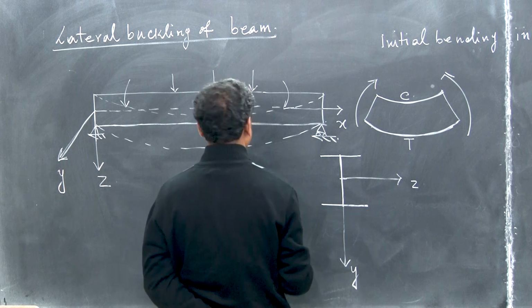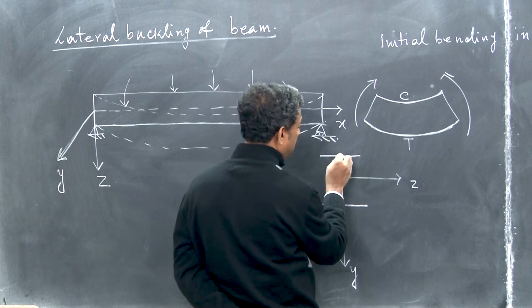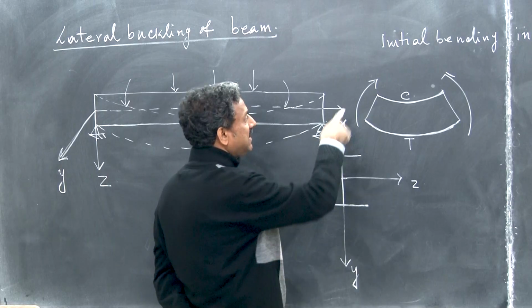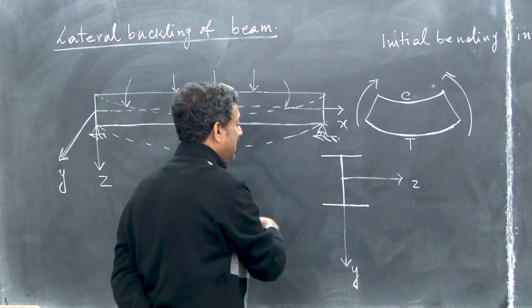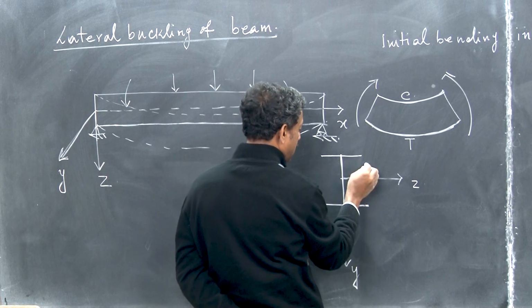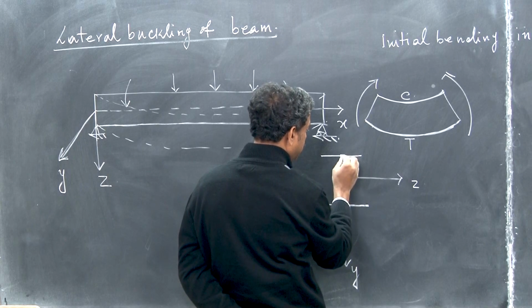So the top flange is going to deflect. Of course, there is an initial deflection in z, but that we are not considering. So this is going here.